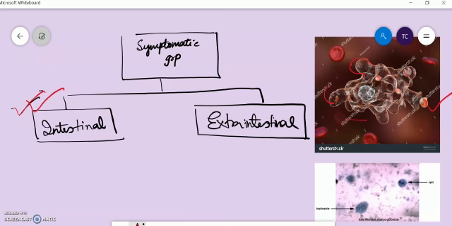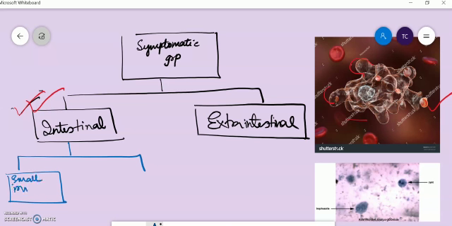So if it is intestinal, it is further classified as small invasive amebiasis. A small percentage of the population have invasive amebiasis.